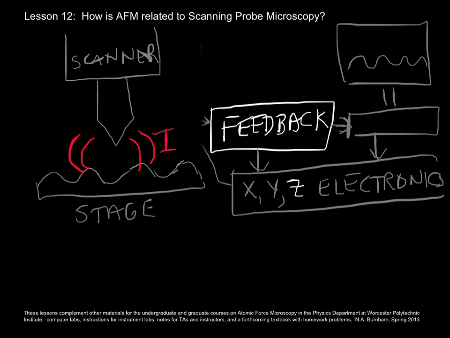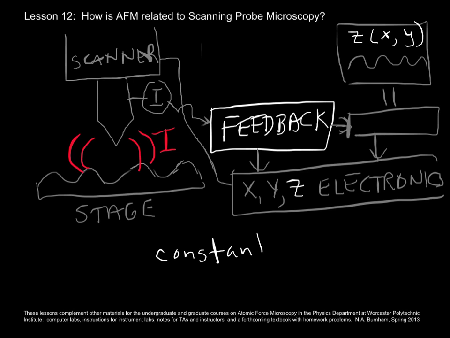have some kind of interaction. You're measuring optical, let's say, and let's say the scanner is driven by the electronics, but now we have a feedback loop that's looking at the strength of that interaction and trying to keep that interaction constant, moving the scanner up and down in Z as it's being rastered back and forth in X and Y. So you could call this the constant interaction strength mode, which is a very long name.